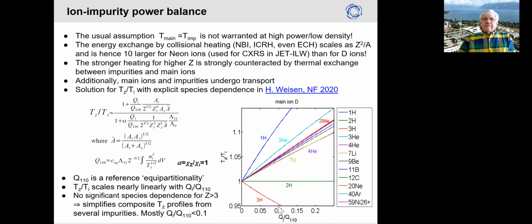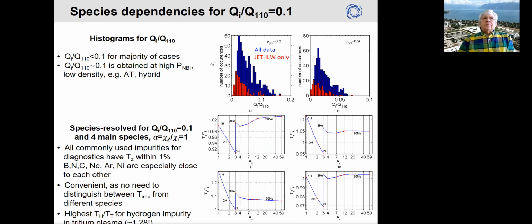We typically have Qi over Q110 less than 1 for most cases in JET, less than 0.1. Here are some histograms that show this. This is in the core, and this is closer to the edge. Here is 0.1. There are only a few that go a bit above. These high values correspond typically to high power and low density, like AT plasmas and hybrids.